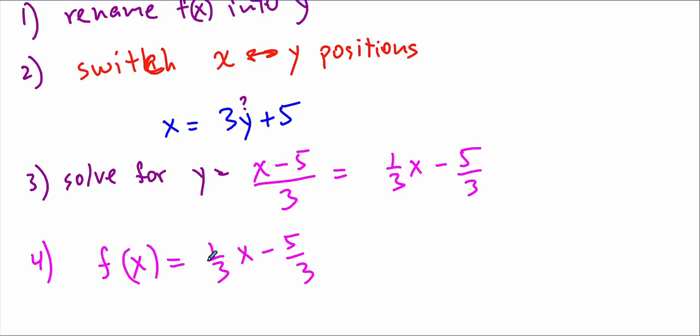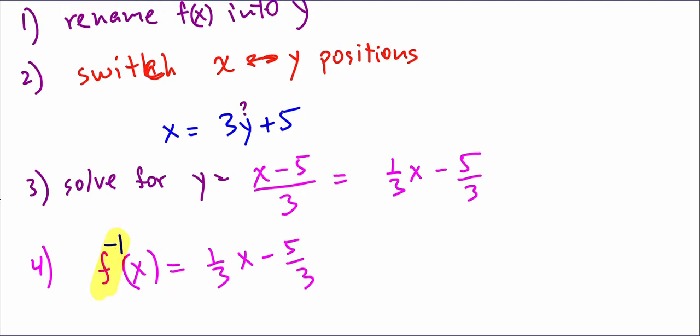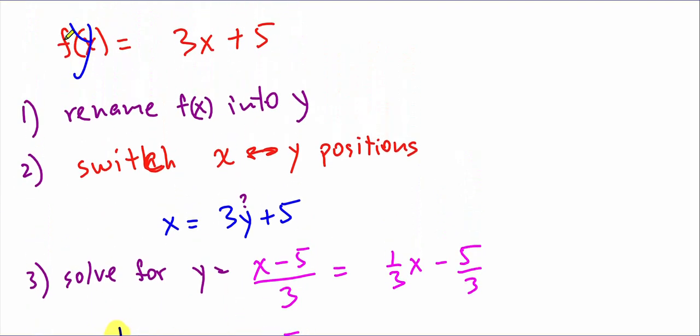It doesn't matter. Here I'm writing this as y equals mx plus b format. We really can't call it that because f of x is already spoken for, but we indicate that this is an inverse with a -1 here. It looks like an exponent, but it's not. This is a symbol that goes together.